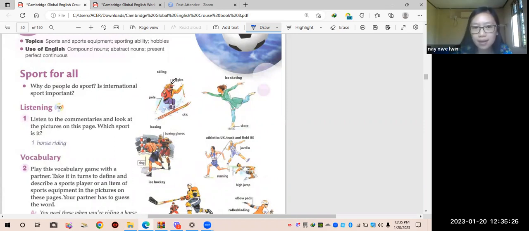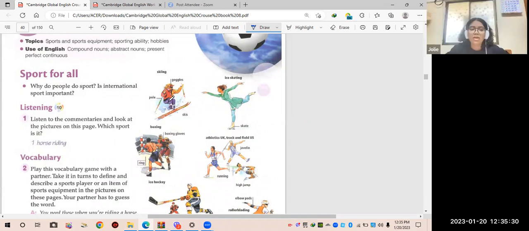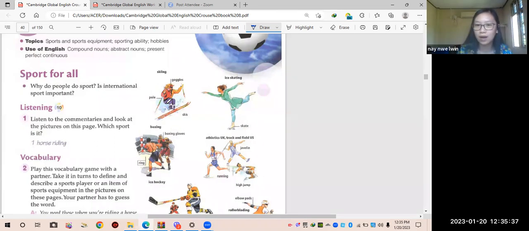And goggles, what are goggles? Like glasses that protect your eyes. Yes, that can protect our eyes from light, from the snow or the wind. So goggles are a kind of eyewear that can protect our eyes.